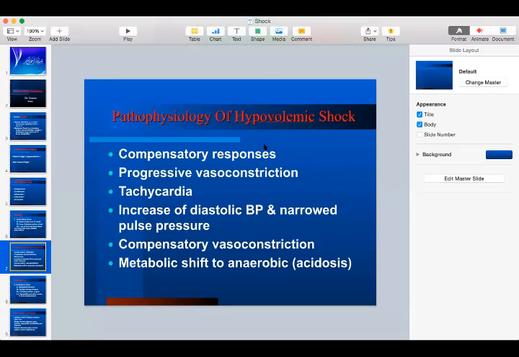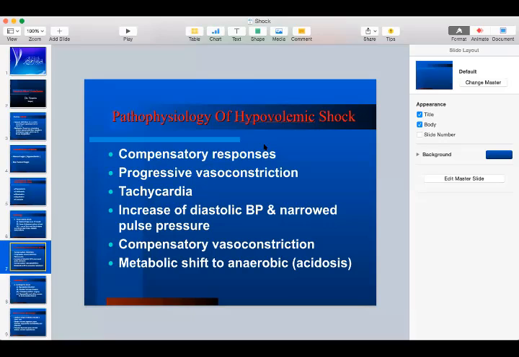Moving on to the pathophysiology of hypovolemic shock, there are compensatory responses that occur, which lead to a progressive vasoconstriction initially, and a tachycardia, an increased heart rate, trying to overcome the loss that is occurring, which further leads to an increase of diastolic blood pressure and narrow pulse pressure. Narrow pulse pressure meaning there is still a continual decrease in total blood volume.